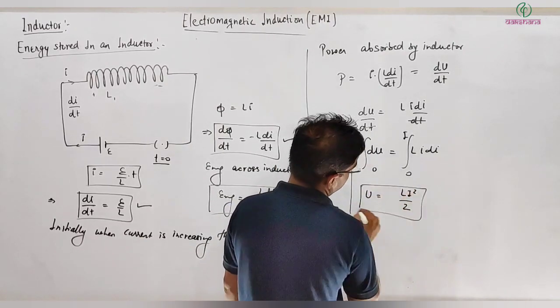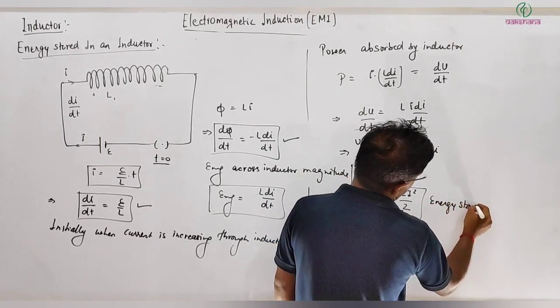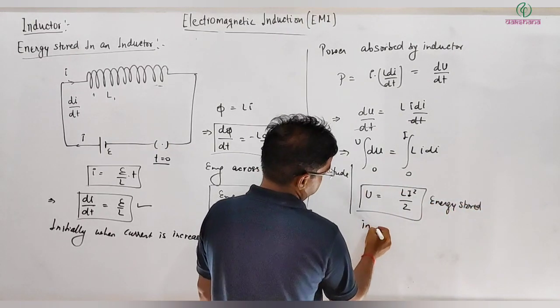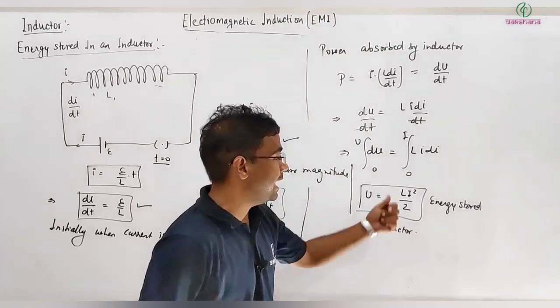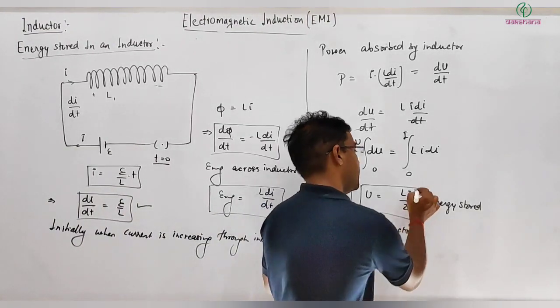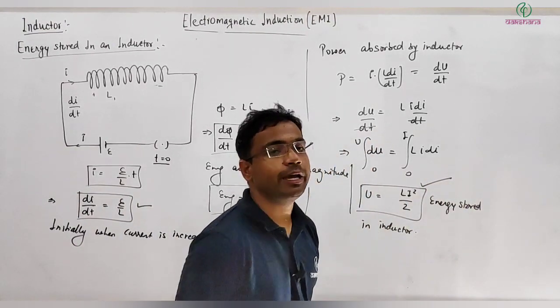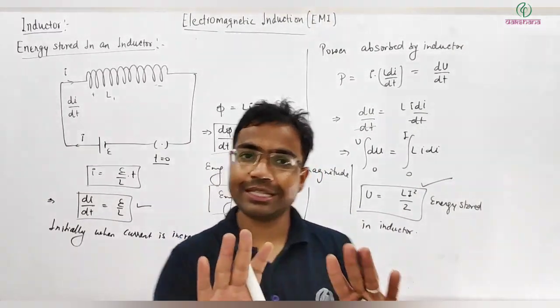So actually this is the energy stored in the inductor. So when current I is passing through the inductor, the energy stored in the inductor is given by L I square by 2. Is it clear? Simple thing.